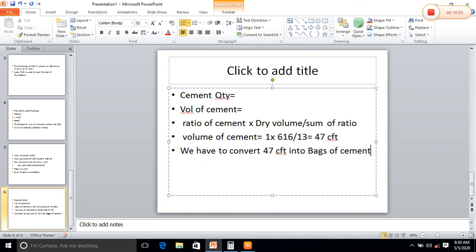Okay, so the next step is conversion. For that we know that the volume of one bag of cement in cubic feet is equal to 1.25 cubic feet.